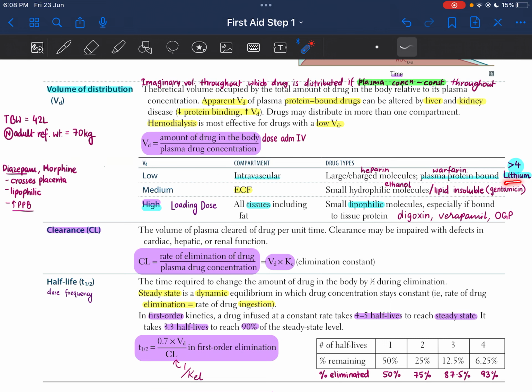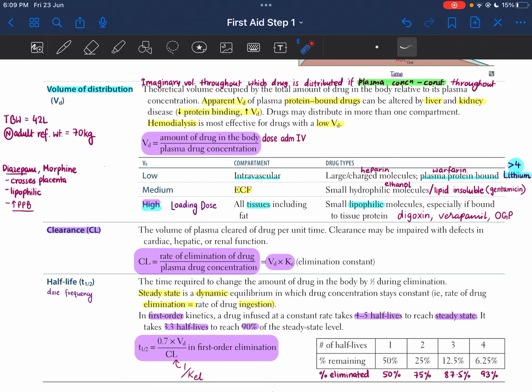Now lithium, because it stays in the intravascular volume, when we have to deal with lithium toxicity, that is more than 4 milliequivalents per liter, we go for dialysis as an antidote mechanism. You can actually add this to the antidote video which we did yesterday.